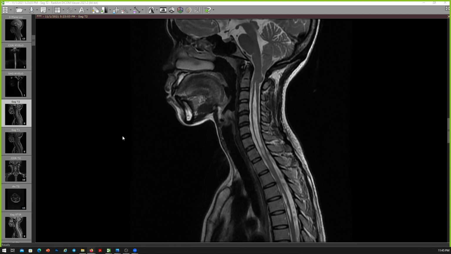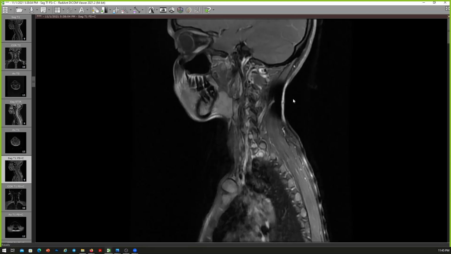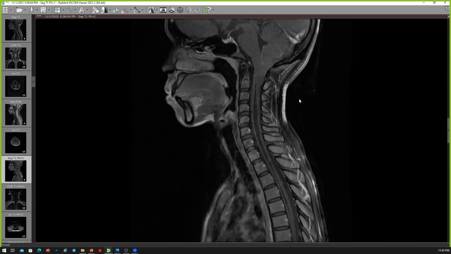And you were also perfect in saying that you would look at the other sequences and also always look for the contrast sequence as well, because certain intramedullary spinal tumors can also show syrinx-like cavities in the spinal cord, so that has to be ruled out as well.